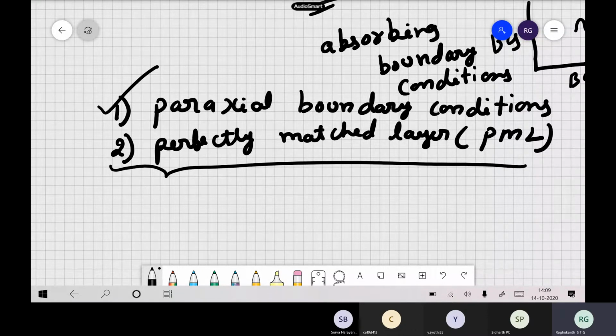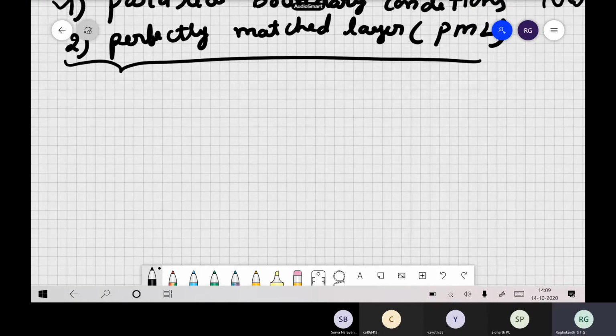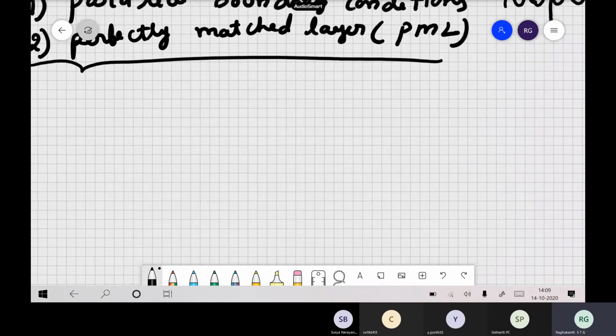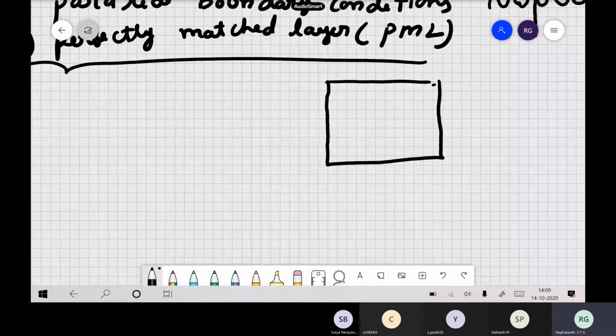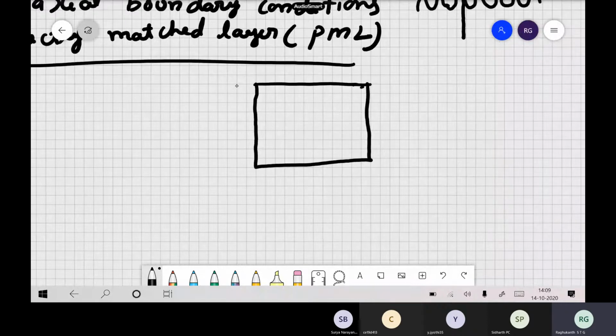In this perfectly matched layer or paraxial boundary condition, suppose this is your model domain, and you are modeling only this much portion. In our finite difference, this is our grid. You take a slightly enlarged region here, and we model in finite difference this much area.